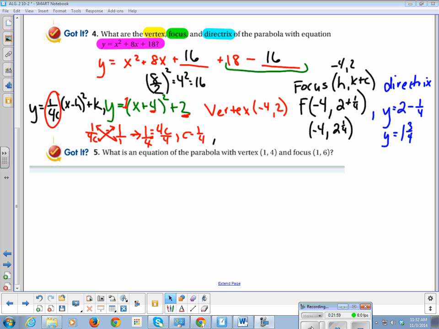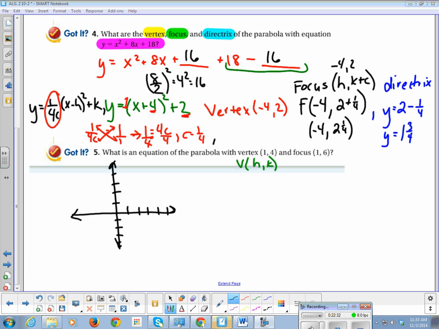Okay, so last question. What is an equation of a parabola with a vertex of 1, 4 and a focus of 1, 6? I'm going to draw a picture of this, because it's always better to have a good look at whether this is vertical or horizontal. I'm a visual person, so I prefer to have a nice picture to go by.